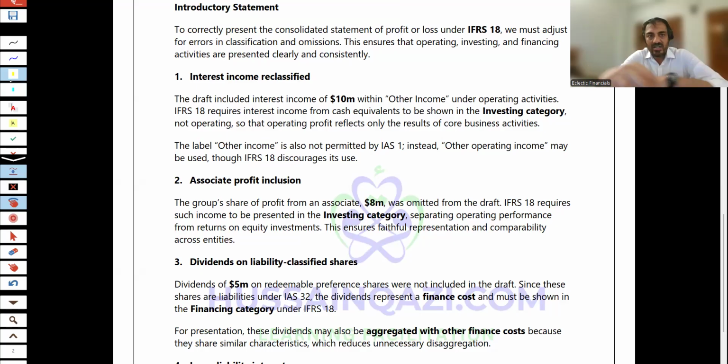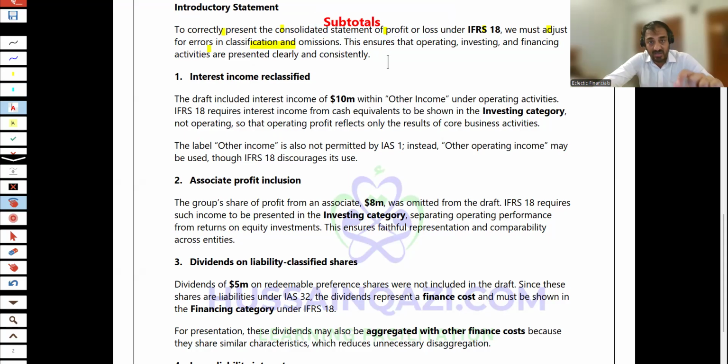To correctly present consolidated P&L under IFRS 18, we must adjust for errors in classification and omissions. And I suggest you also have to mention the subtotals. Particularly mention the subtotals.